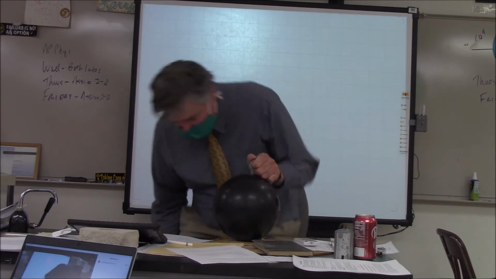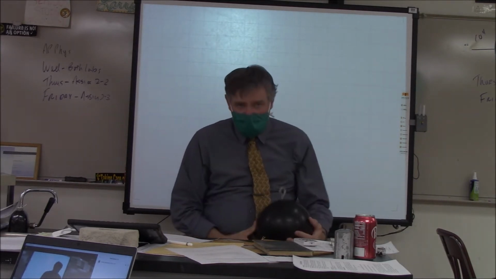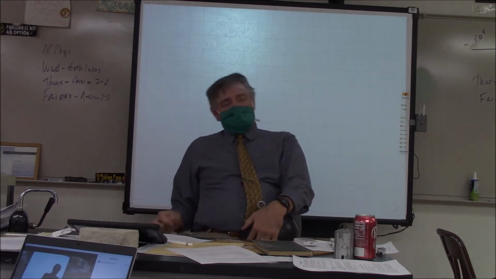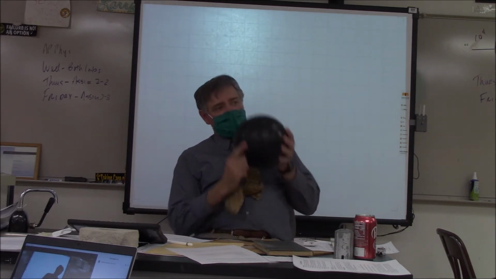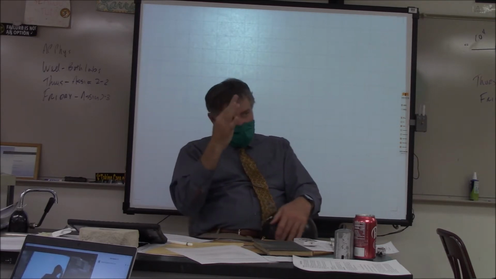So if we have a 20-gram mass and we drop that, and we have Hank the bowling ball and we drop that, Aristotle says, oh, well, there's more force acting on Hank, therefore Hank should fall faster than the mass should.